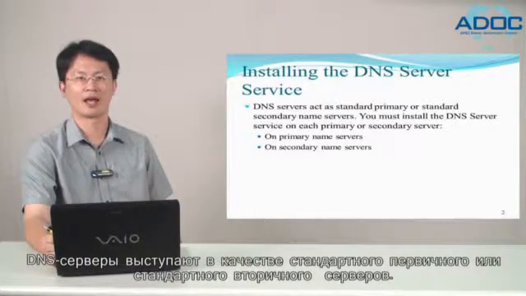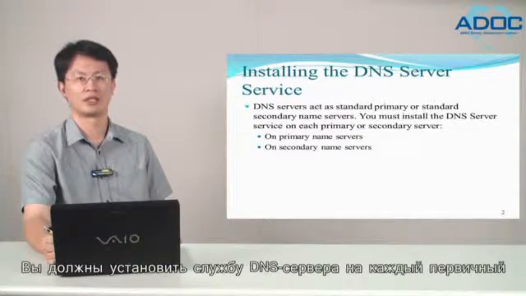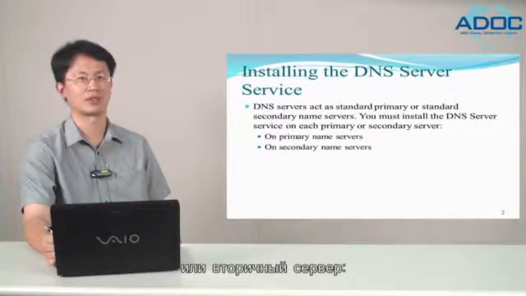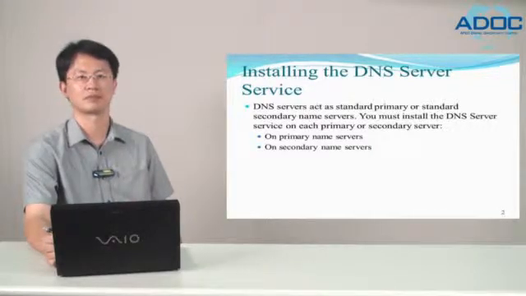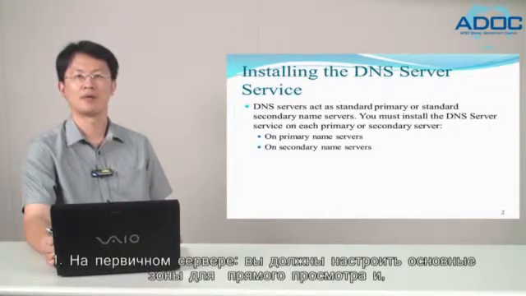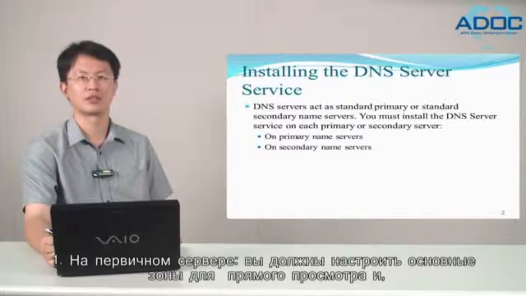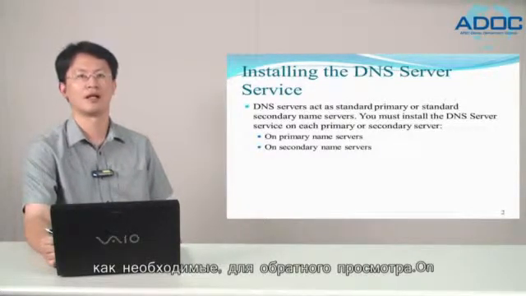DNS servers act as standard primary or standard secondary name servers. You must install the DNS Server service on each primary or secondary server. On the primary name servers, you configure primary zones for forward lookups and, as necessary, for reverse lookups.